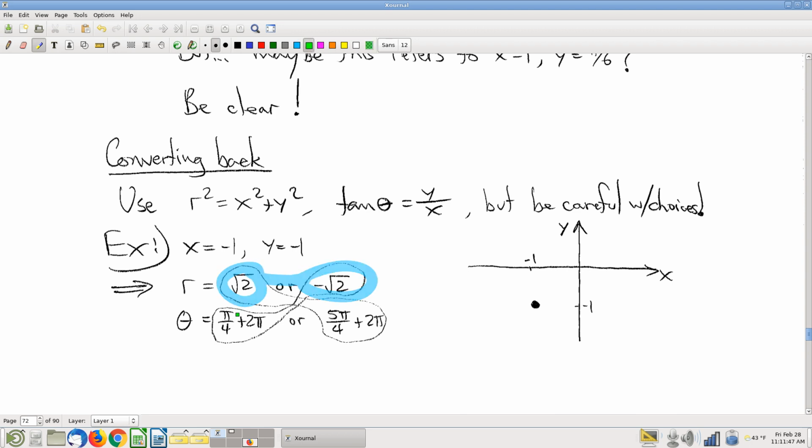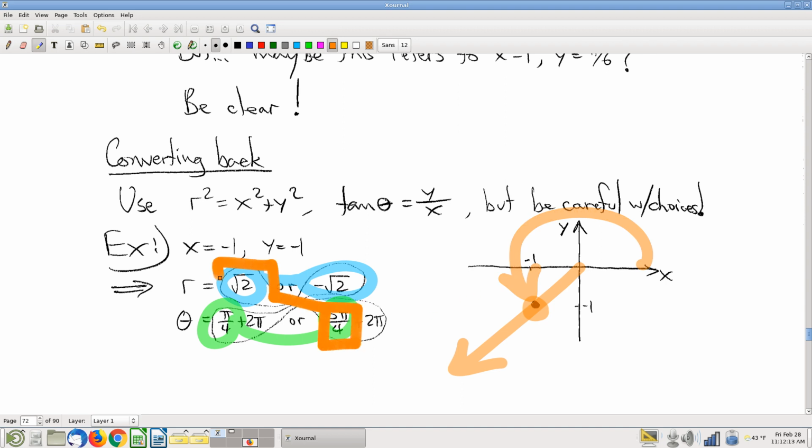Theta could be either this or that. And then you've got to look at the geometry of the situation and think about, well, wait a minute, of all my possible different ways that I could describe this point in polar coordinates, which one do I really want? And what actually makes sense? And so from this point of view, you can see that we're clearly choosing that value of theta to pair with that positive r.